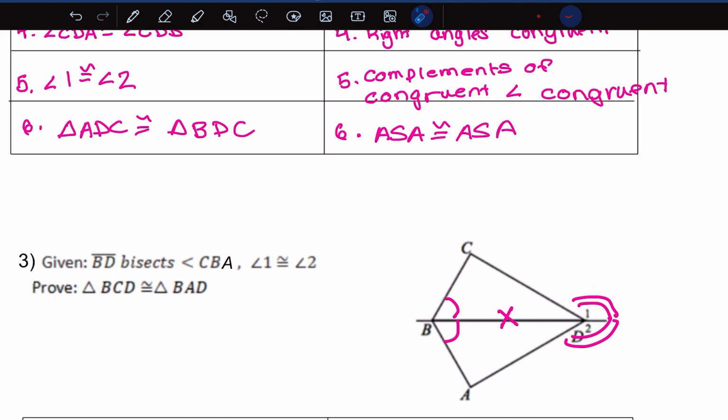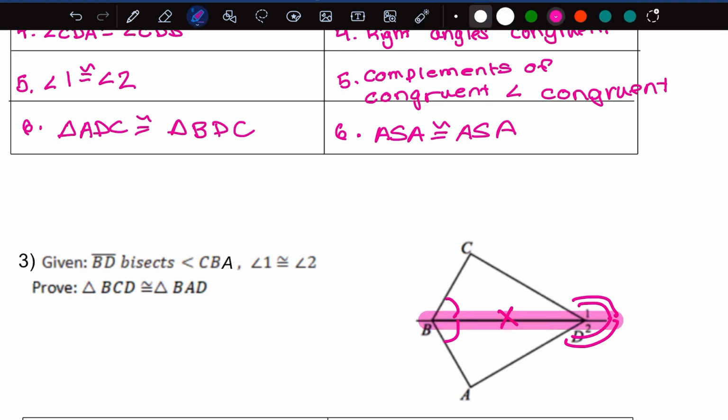For the next one, we're given that BD bisects angle CBA. So I have two congruent angles here. That's one of the things I'm going to have to write. There's a shared side, so I know I'm going to want to use reflexive. And then I know that angle 1 is congruent to angle 2. And it's very similar to the diagram we had before.